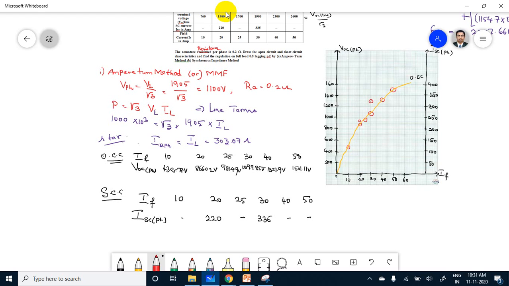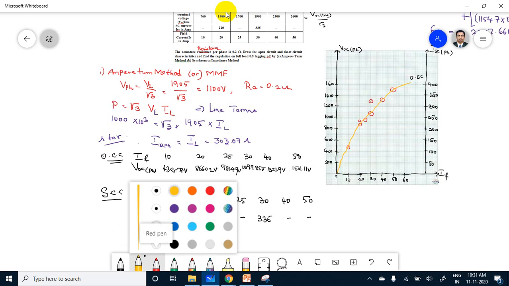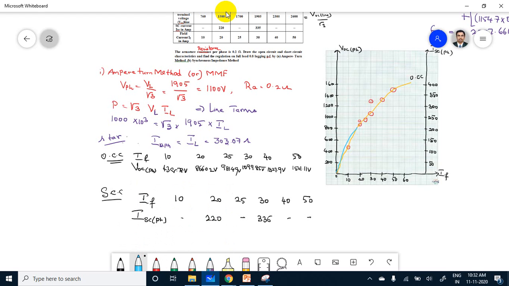Now please take a scale and pencil and draw a straight line. I can't get a straight line using my tab.